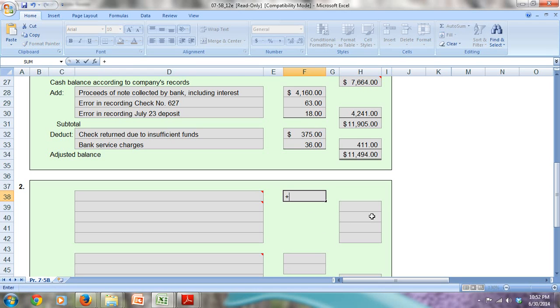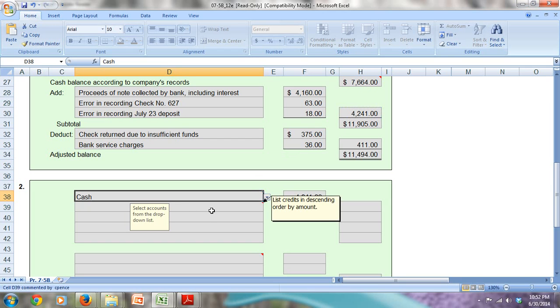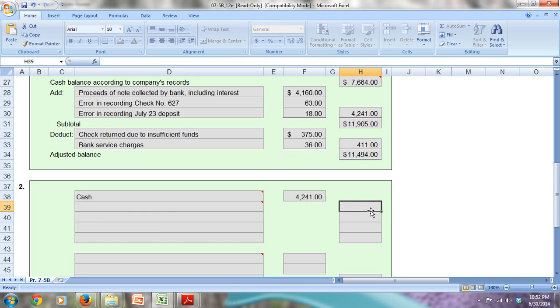We enter our additions from the book section, 4,241. That's going to be a debit to cash, and then we'll add all of the credits.